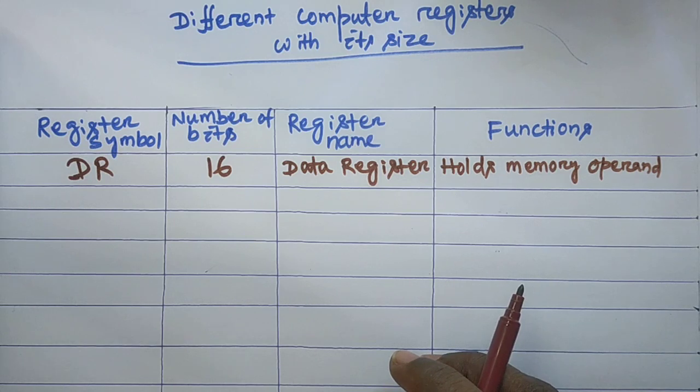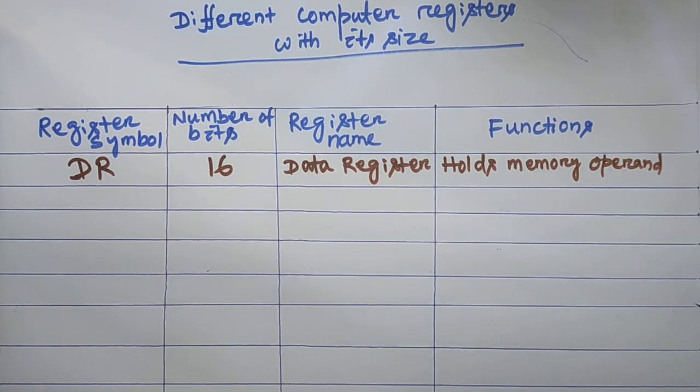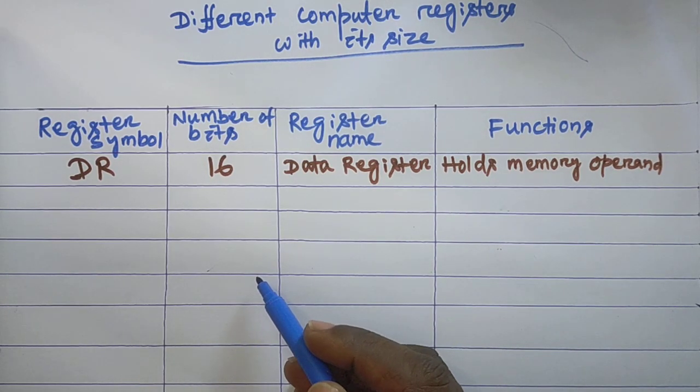Similarly, different registers are there, their functions are different, and their sizes are also different.